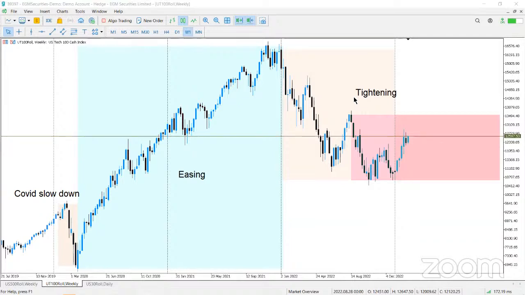So let us try and get a glimpse of why we have this sideways trend at the moment. That's because we have a lot of uncertainty with regards to where Fed policy is going to head next. Sometime last year, they stopped what we call forward guidance.